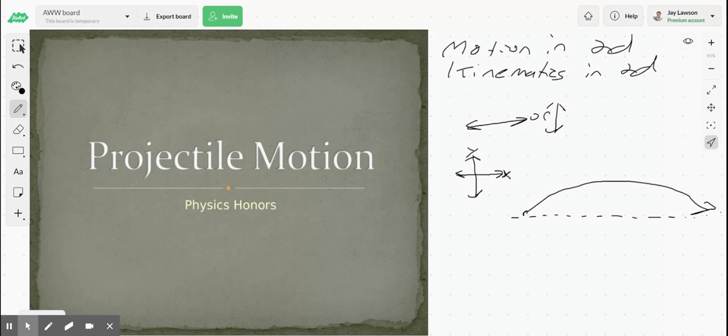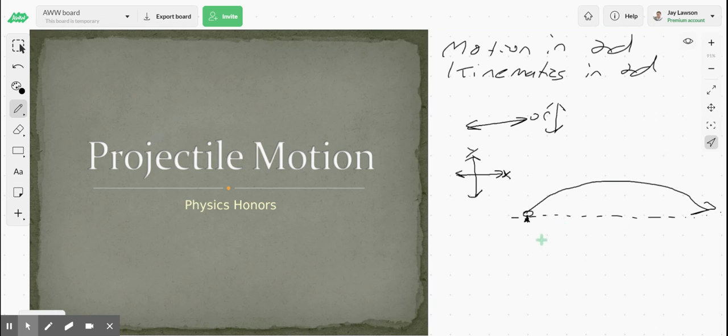So let's say, for example, this is a golf ball on a tee. Somebody hits it, it's going to have a similar path to this, right? There's other factors at play, but this is a perfect world, and it's going to have a perfect parabolic path. We're going to neglect any drag or air resistance.